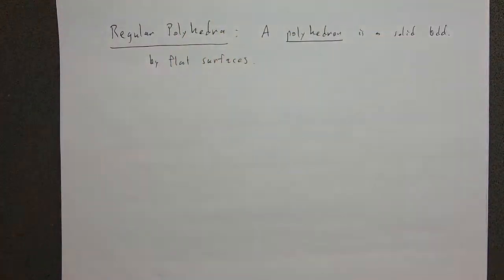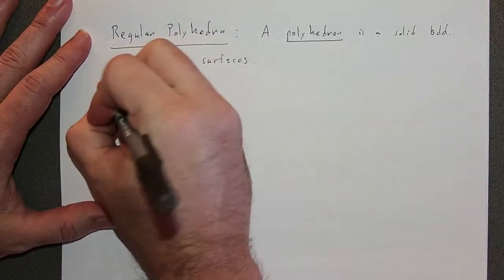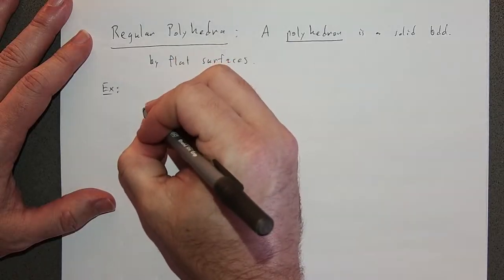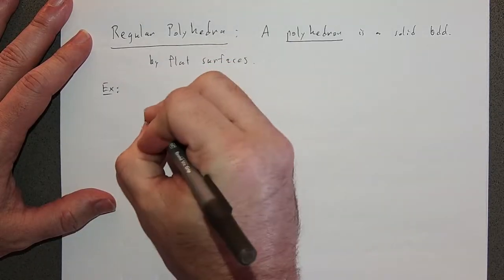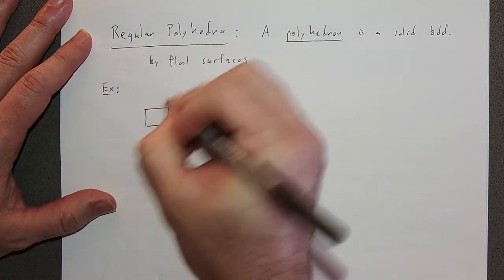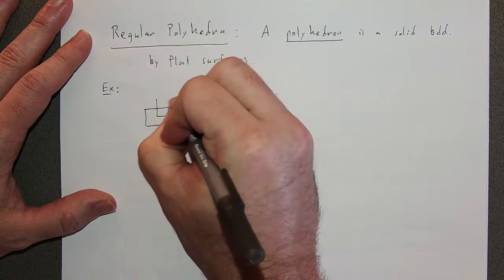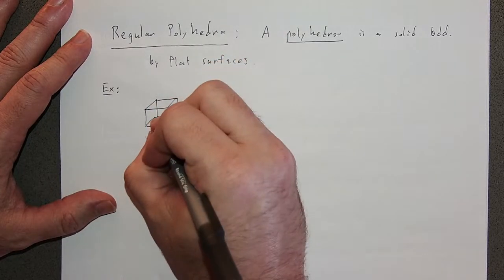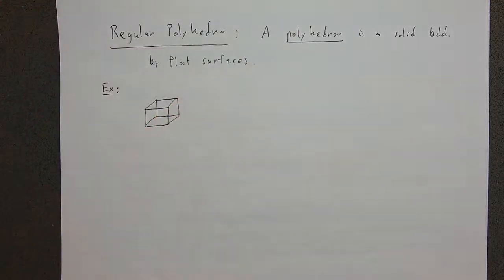Let's take, of course, as an example, maybe you think of something like this, right? So this is a rectangular base prism. If all those rectangles are squares, the same square, this would be a cube.